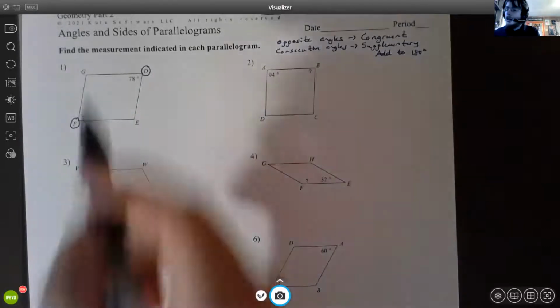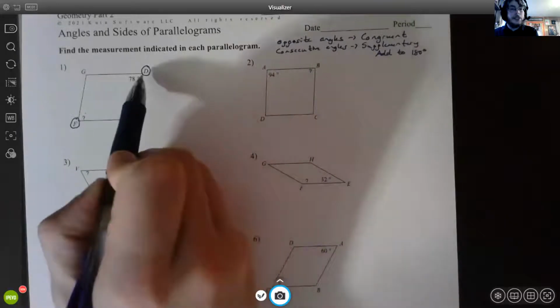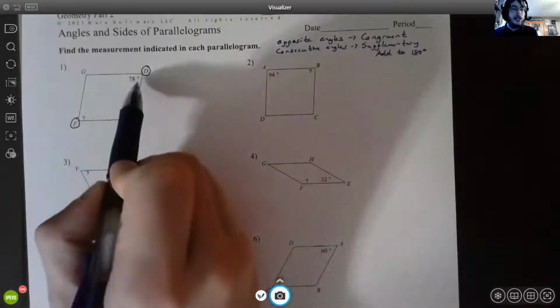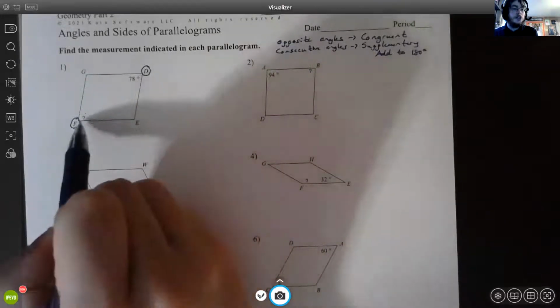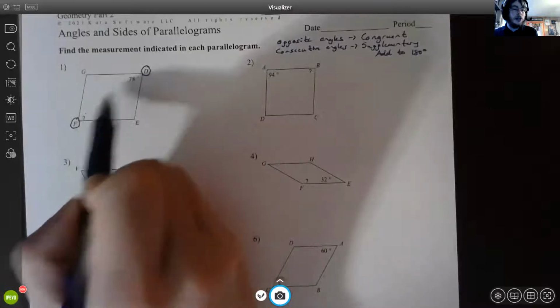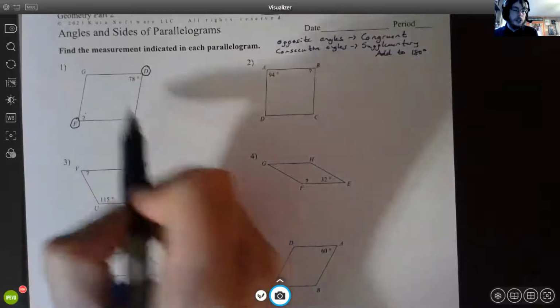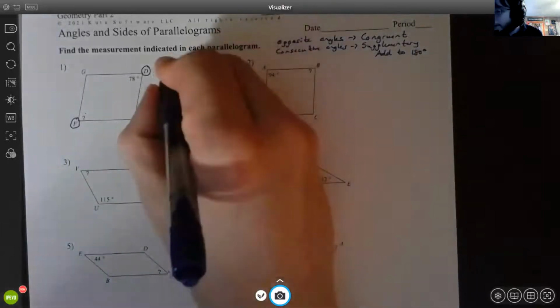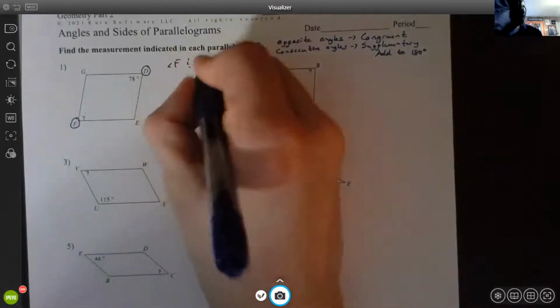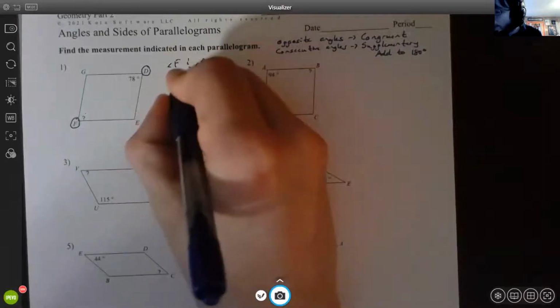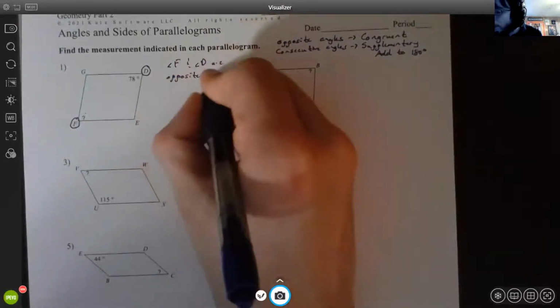However, the next thing we're looking for is whether they're opposite or not. And if you look here, do D and F touch? And are they in opposite corners? They don't touch, they're in opposite corners. So that means that angle F and angle D are opposite angles.